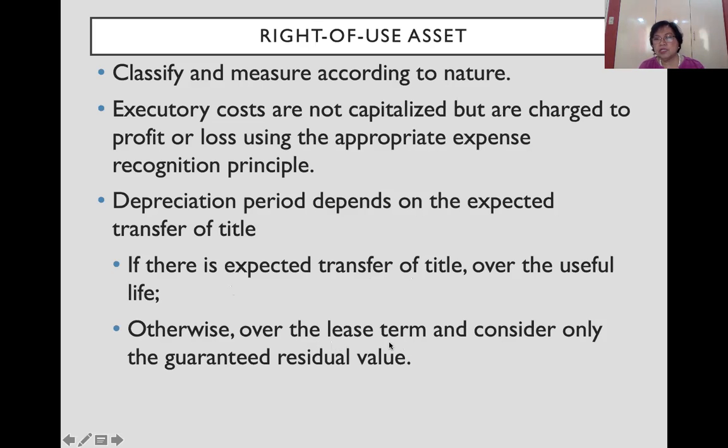And in computing the depreciation, you are to consider only the guaranteed residual value. Therefore, if there is no, again, expected transfer of title, how do we compute depreciation? If depreciation is computed using a straight line method, that is capitalized cost minus guaranteed residual value divided by the lease term.